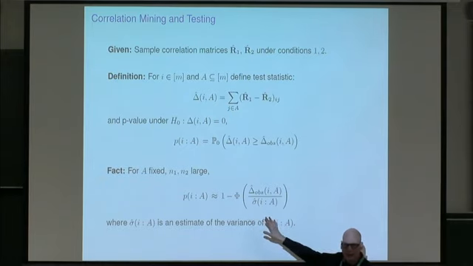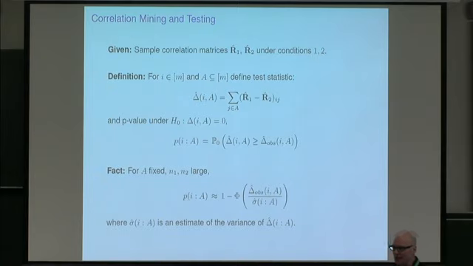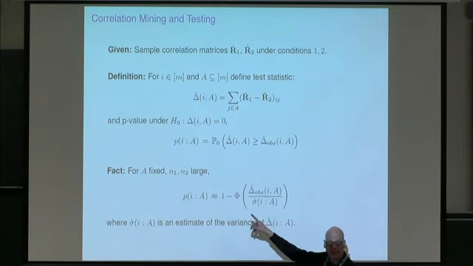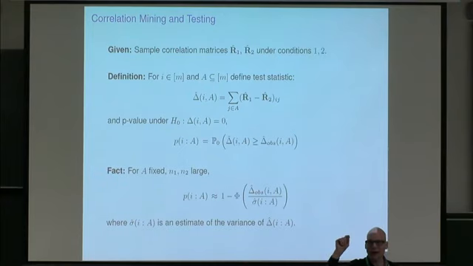With a little bit of work and not too much, drawing largely on some classical results about CLTs for correlations and variances of correlations and correlation differences, we can approximate this p-value in this way. So essentially, when n1 and n2 are large and A is fixed, and I'm going to highlight points in my talk where things are not so good, here, as you'll see in the method, A is not going to be fixed. So this is the first weakness, if you'd like to point out. I think it's good for people to point out weakness.